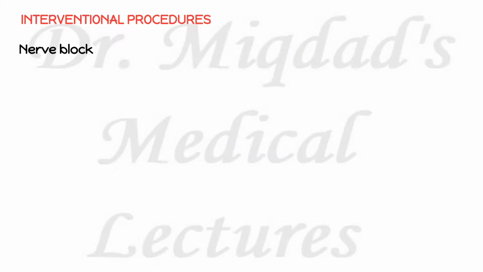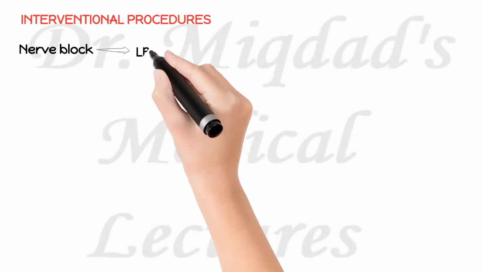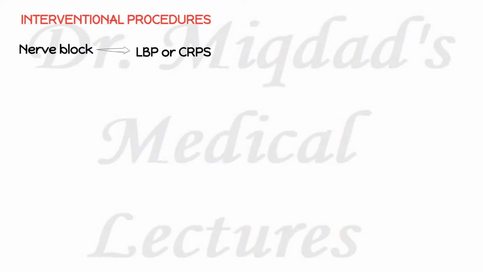Epinephrine produces constriction of blood vessels, which in turn delays the diffusion of the anesthetic agent. Steroids help to reduce the inflammation, whereas opioids are painkillers. This procedure can be used in many painful conditions, but the most common ones are low back pain and complex regional pain syndromes.